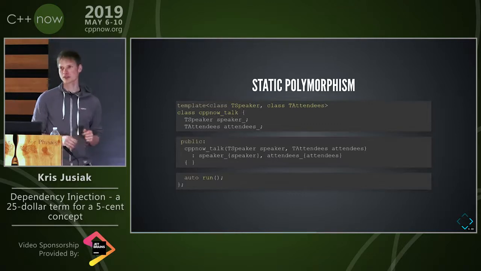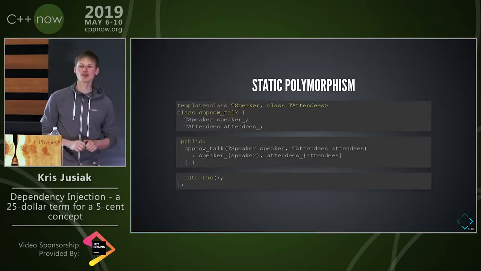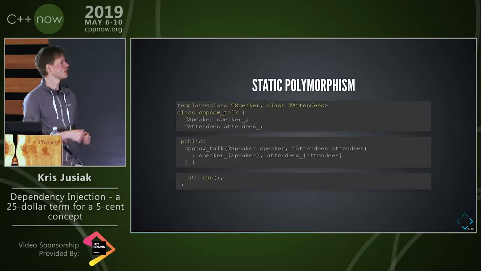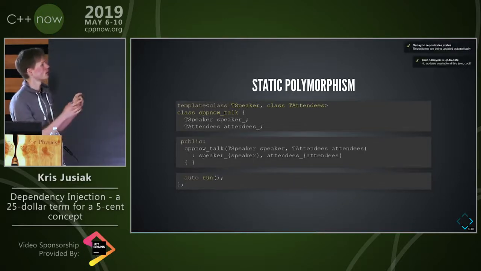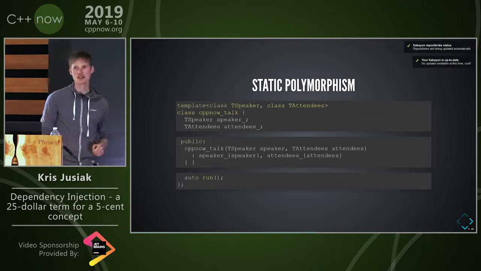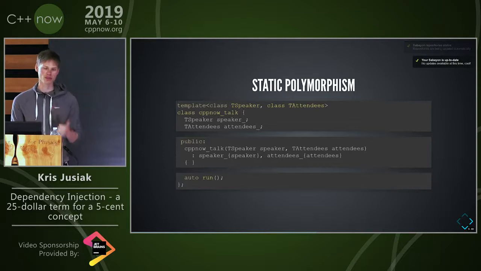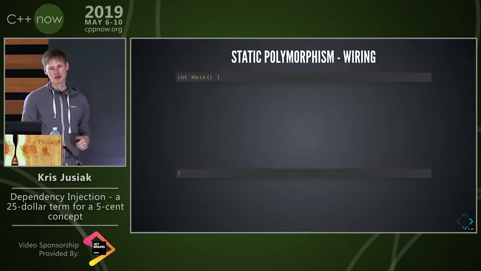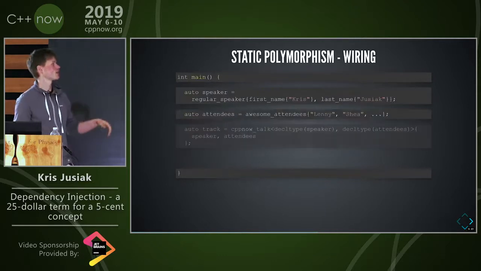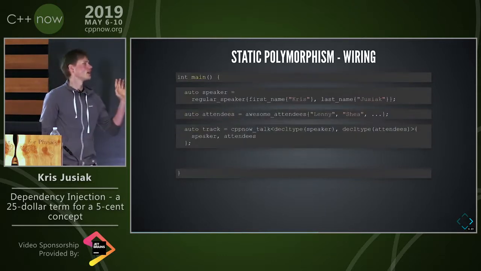But that's kind of not that flexible from DI perspective. So it's better from that design just to use the speaker and attendees as templates which are injected by the constructor, because it's DI. We care about these constructors. And the wiring, as before, blah blah.